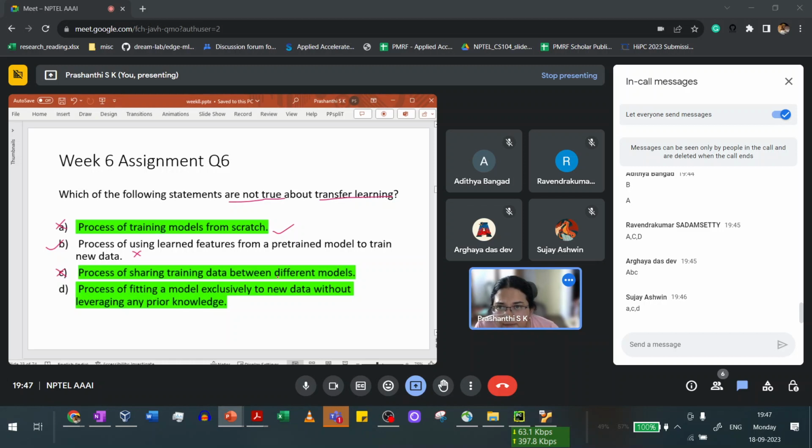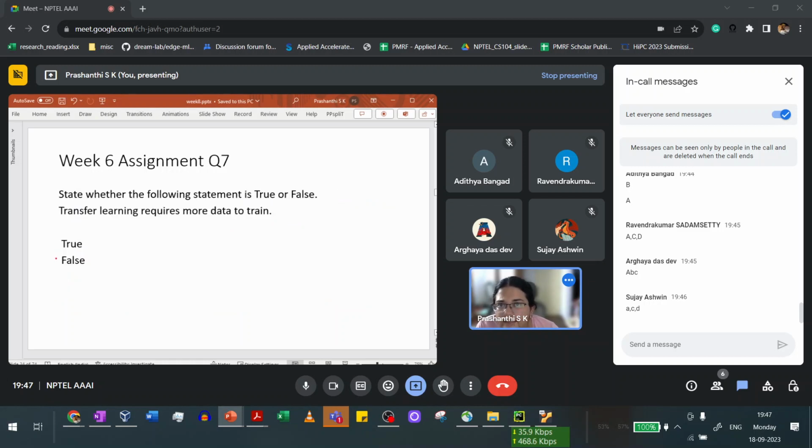Fitting a model exclusively to new data without leveraging any prior knowledge, again no, you are leveraging the prior knowledge, and therefore it's not exclusively to new data, it is incrementally retraining on new data. So these two are also false, so they are also not true. So this is the answer for 6.